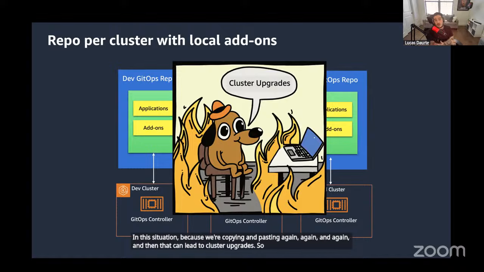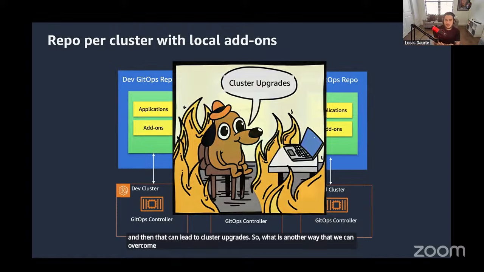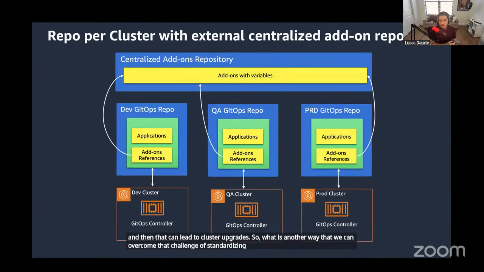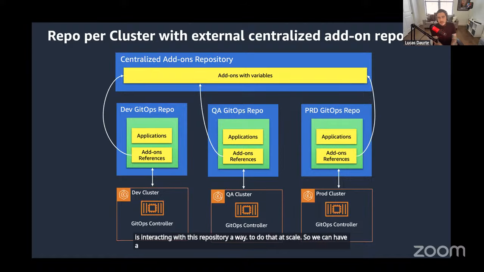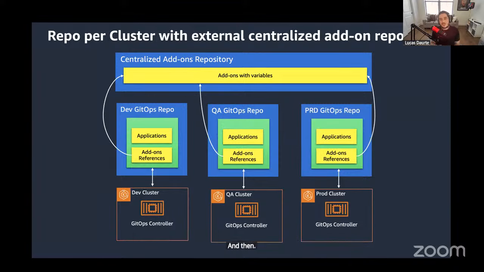So what is another way that we can overcome the challenge of standardizing whatever we can, and still give the flexibility to developers, or whoever is interacting with this repository, a way to do that at scale? We can have a centralized Git repository where we have just templates of definitions, and then in each cluster that we have, we can define references to those definitions in the main repository with different Git sources.